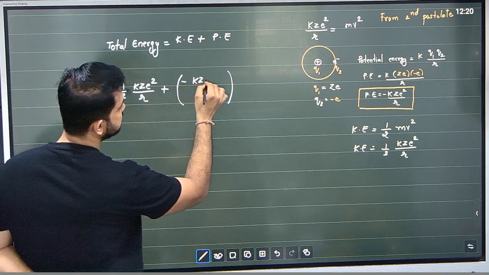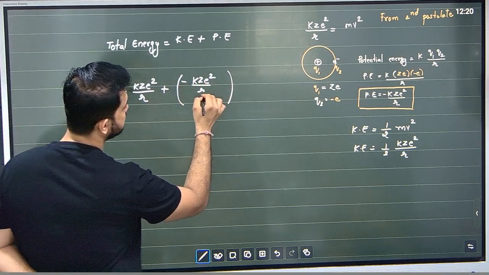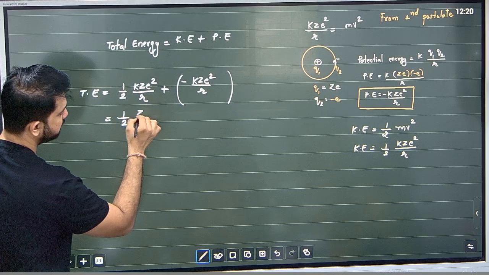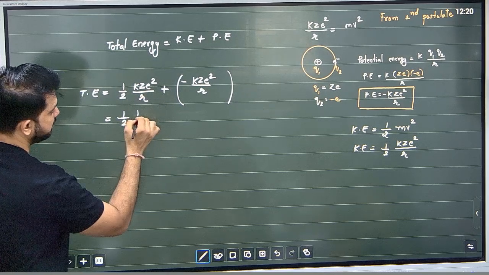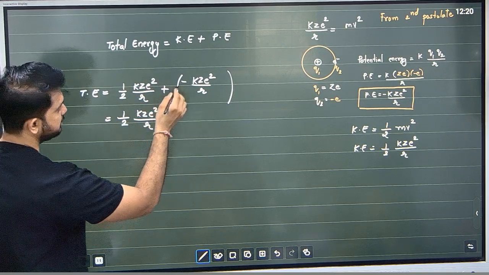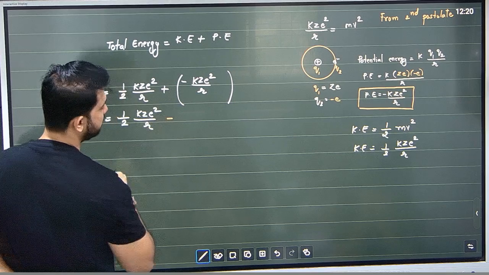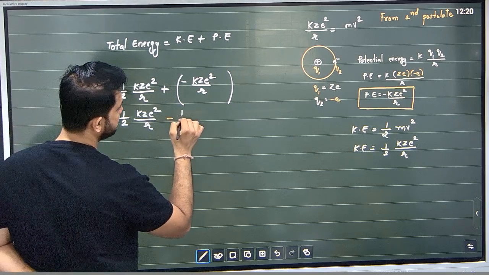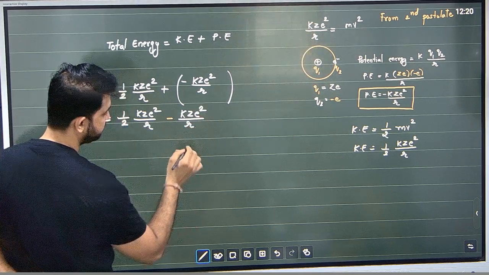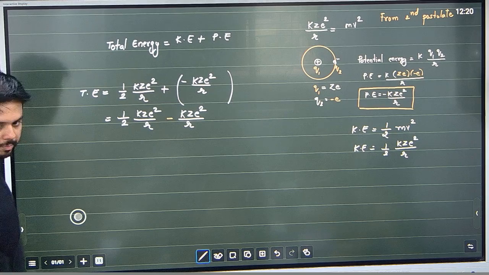Minus K Z E square over R. So it will be half K Z E square by R, this is going to become negative K Z E square over R. Do you find something common?